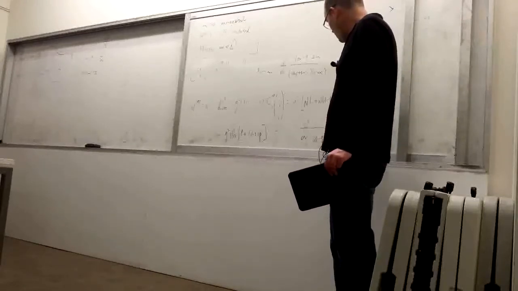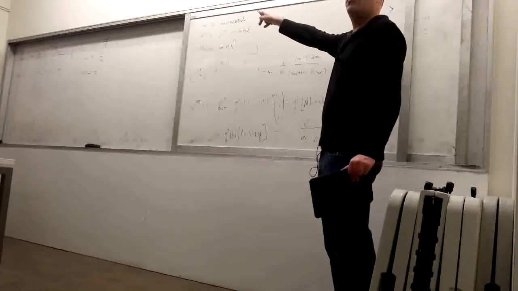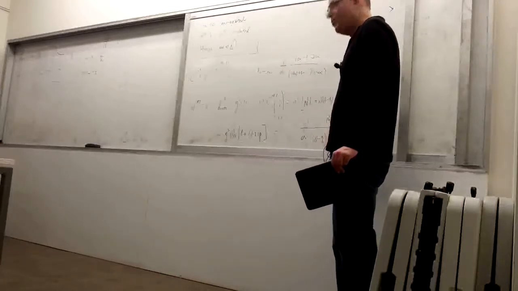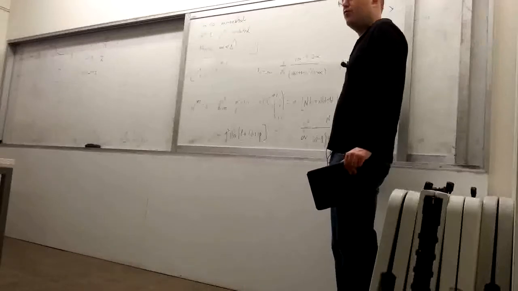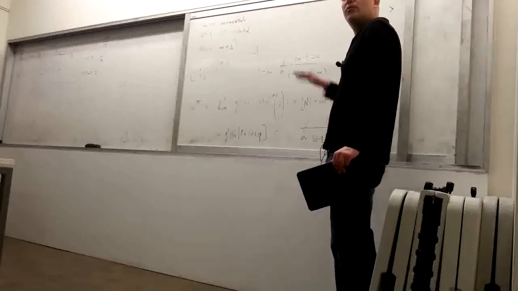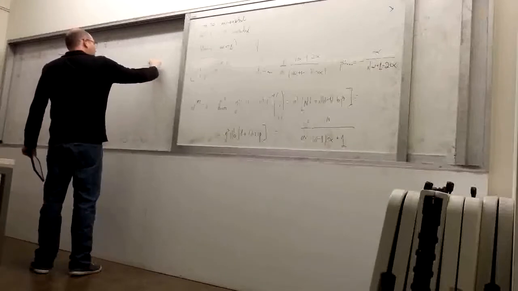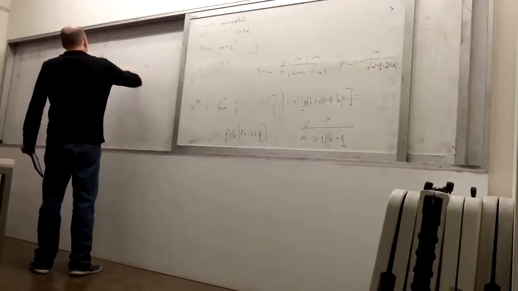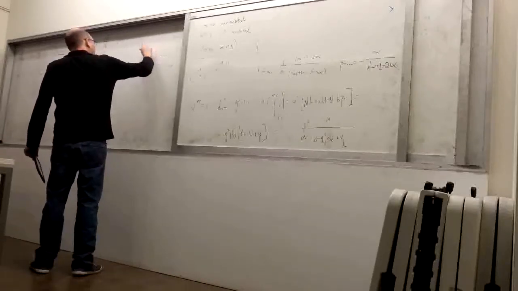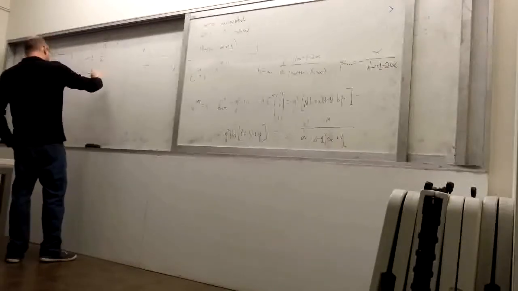Initially, when n is small, this term is negligible compared to the 1, and the behavior is like the uncorrelated case as I start to add more neurons. But at some point this term becomes comparable to 1, and eventually it wins over. When it wins over, we have something proportional to n, so we will saturate. So if I plot this function, p prime will start growing as in the uncorrelated case, and then at some point it will saturate. And we can write down the behavior for large n.